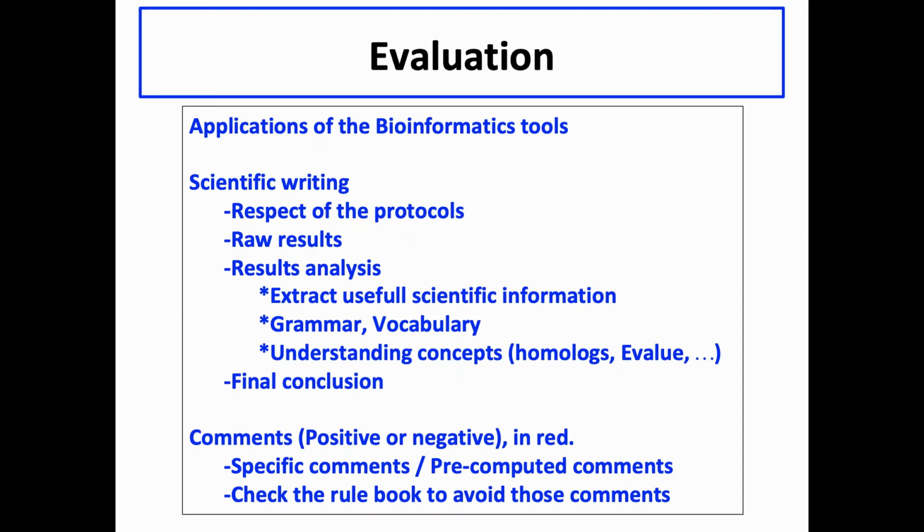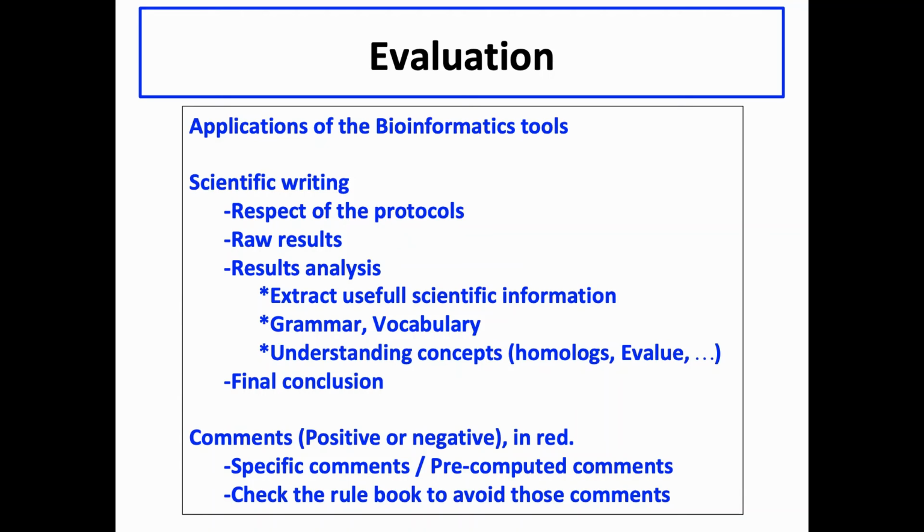Okay, so the last aspect of the evaluation, since you will have 2 steps of evaluation. For the first step, you will get positive or negative comments or remarks and so on. All of that will be in red. You have 2 types of comment.